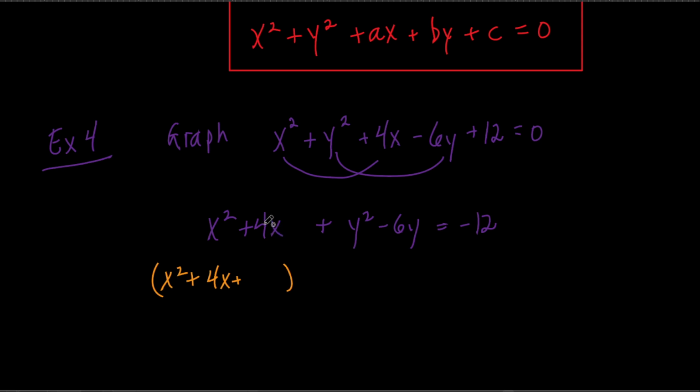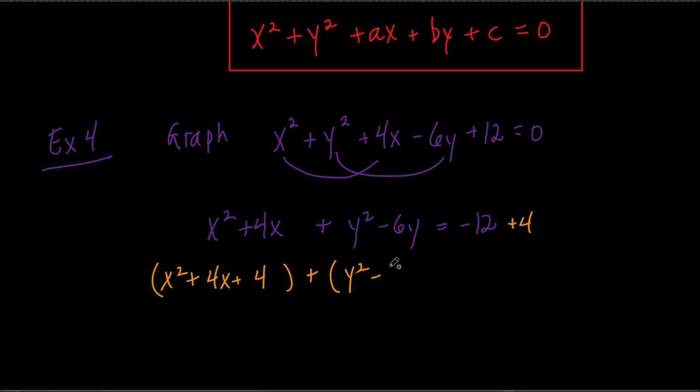But what I do is take the middle term, take half of it. What's half of 4? 2. I square 2 and I get 4. Okay, that's going to make it into a perfect square. Now, if I add a 4 to this side, I have to add a 4 to the other side. All right, if you don't remember this, don't worry. Well, eventually you're going to have to worry about this because you're going to have to do this yourself. But maybe we'll take a day where we go over this a little bit more.